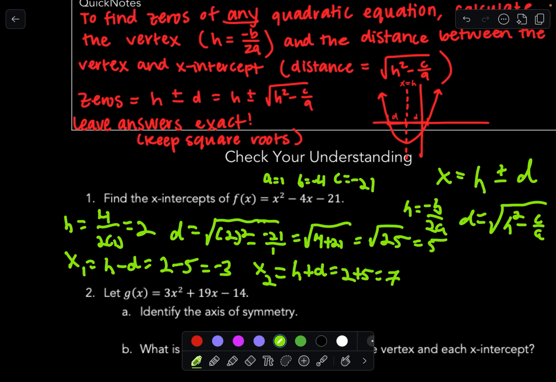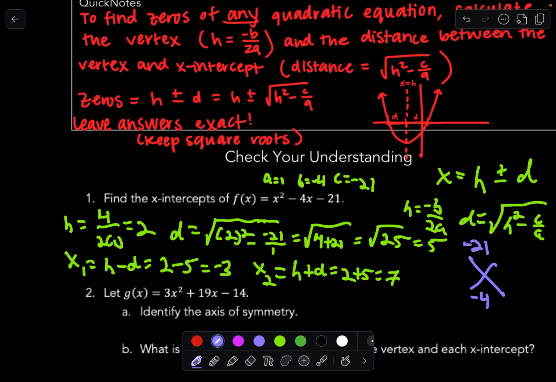All right, pretty easy. This came out nice because our distance came out to be a nice simple number, 5, from the quadratic formula given, which tells you, just as a side note, that we could have solved this by factoring, because we would have been looking for two numbers that multiply to -21 and add up to -4.